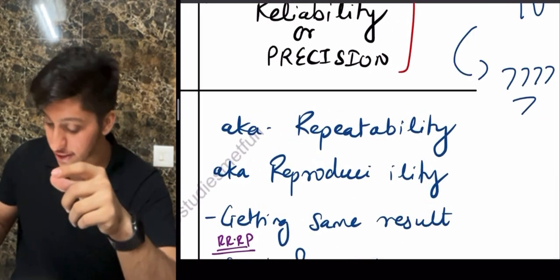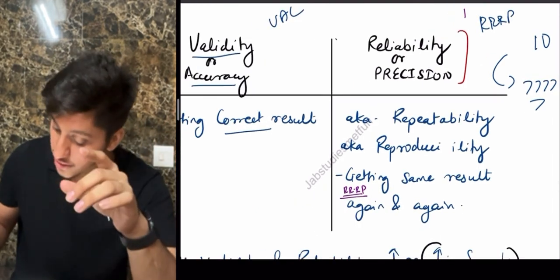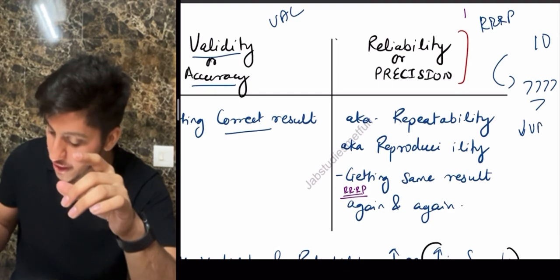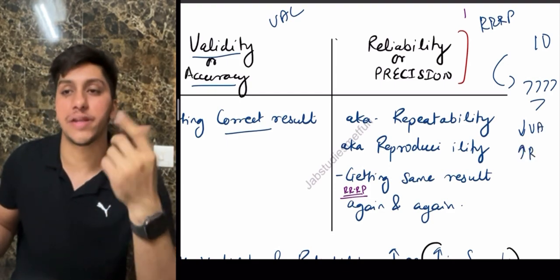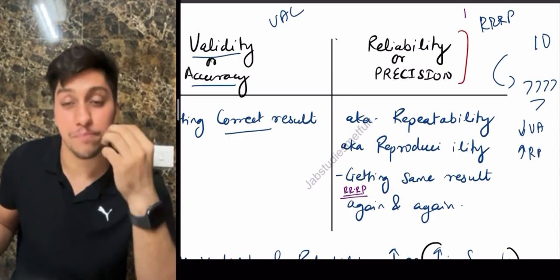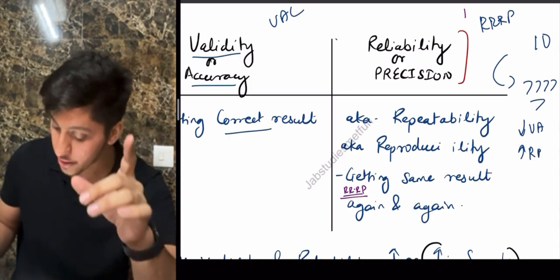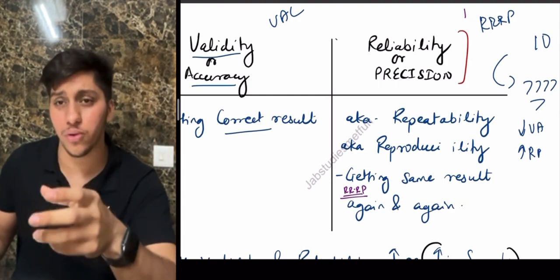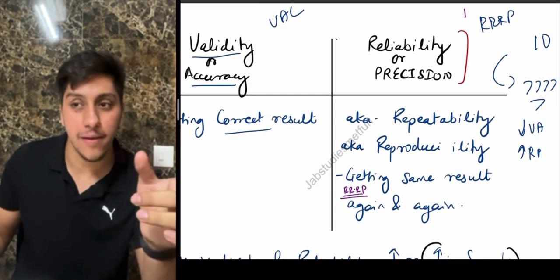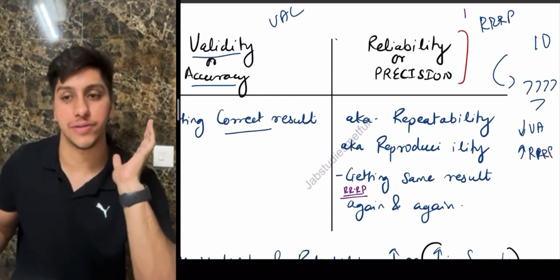In this example, with 10 and 7, there is poor validity and accuracy, but there is high reproducibility, reliability, and precision, because it repeats the same number again and again. So if you want 10 but you're getting 7, 7, 7, it is going to be low VA, but more RRRP. I hope you understood this.